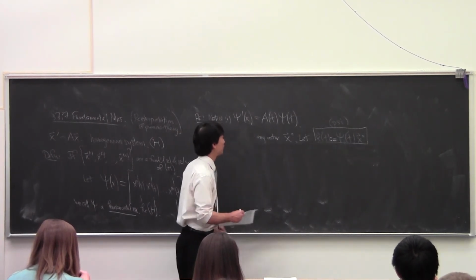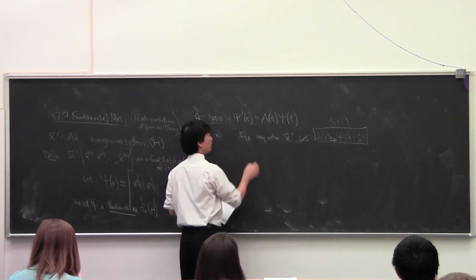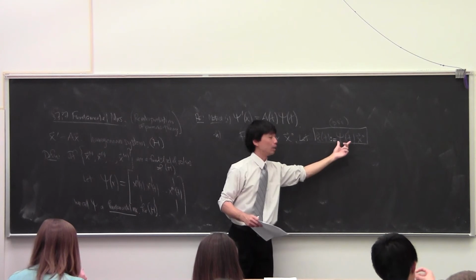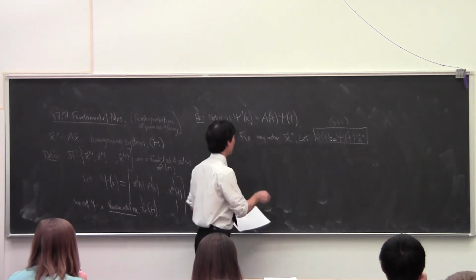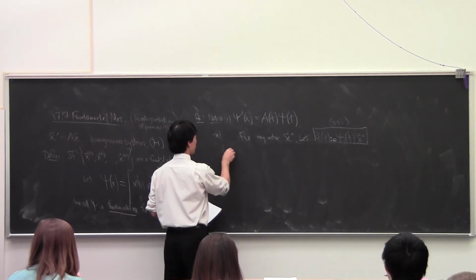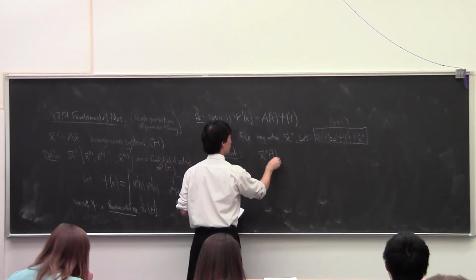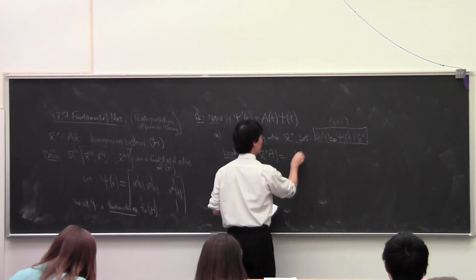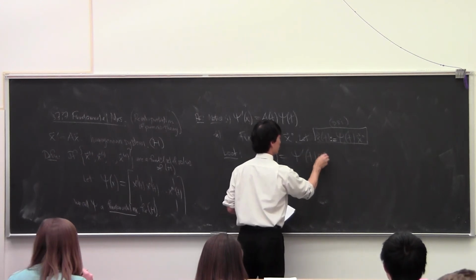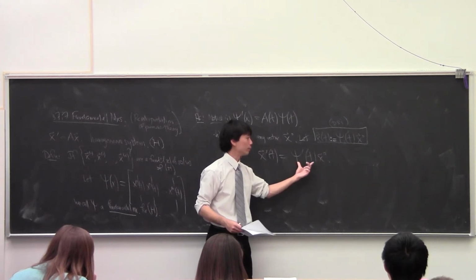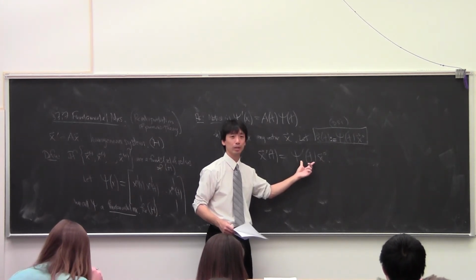Fix any vector x naught, and then let x of t be C times that thing. Okay? And then let's look. X prime of t, well, that's C prime of t times x naught, right? X naught is a constant vector, so when we differentiate, we're just going to differentiate this part.